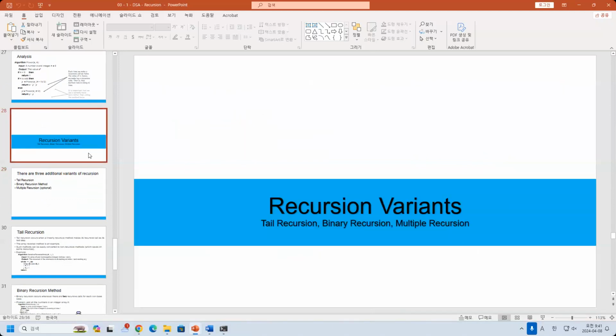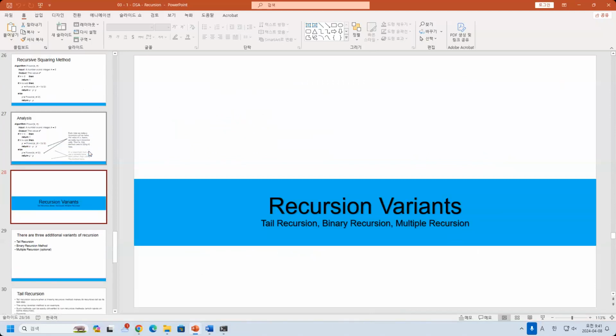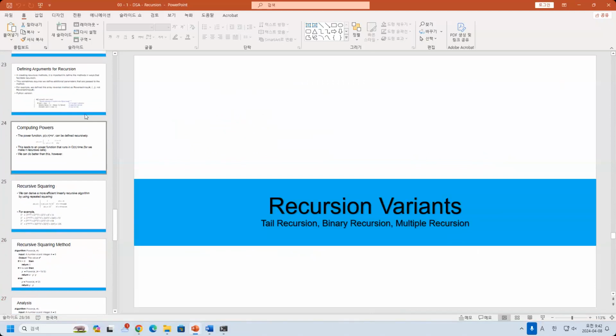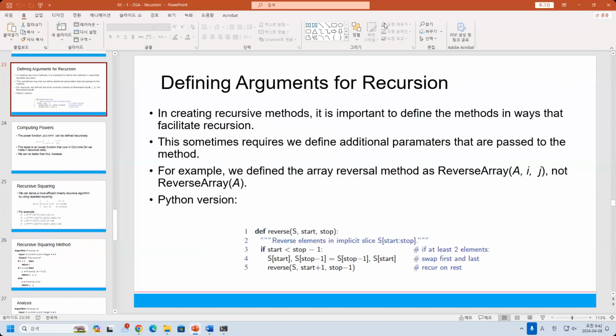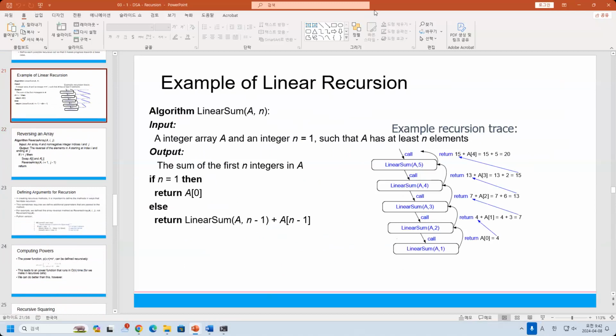Then, what is the meaning of linear recursion? Linear recursion means you have only one recursive call. You call this function only once.